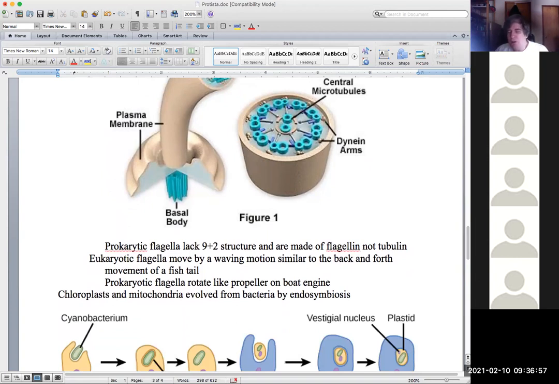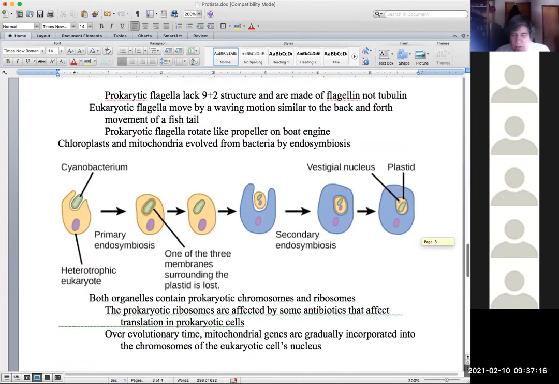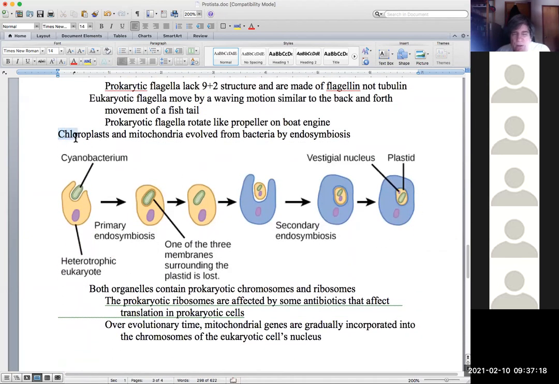Now, the other thing I want to talk about with prokaryotic organisms is how we get from prokaryotic organisms like bacteria to eukaryotic organisms that have all these internal organelles. And in particular, I want to focus on two organelles, chloroplasts and mitochondria.